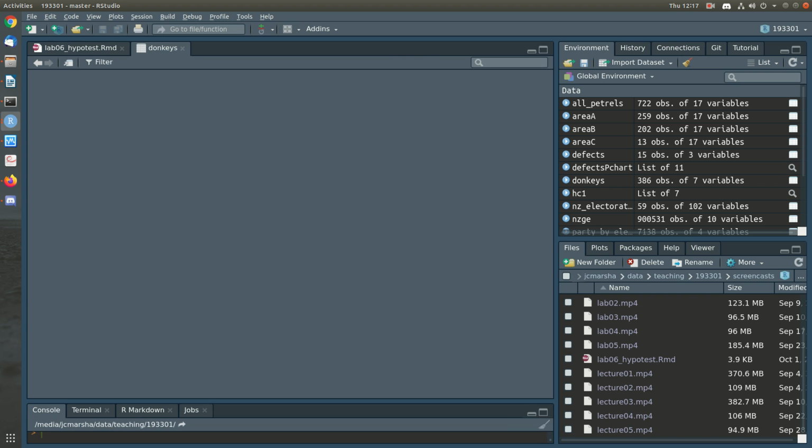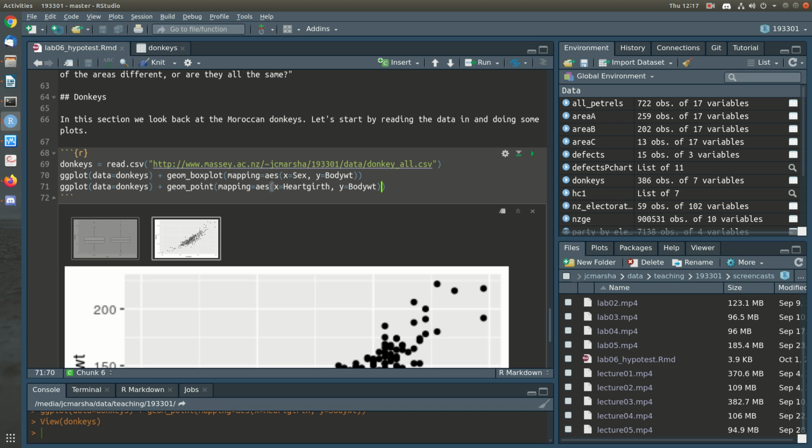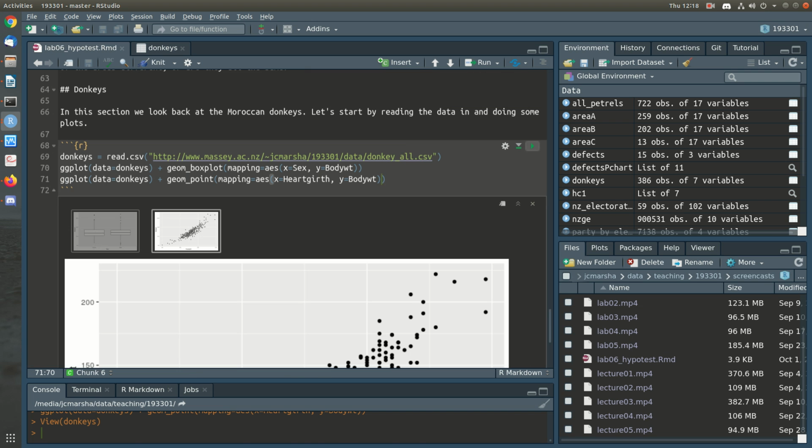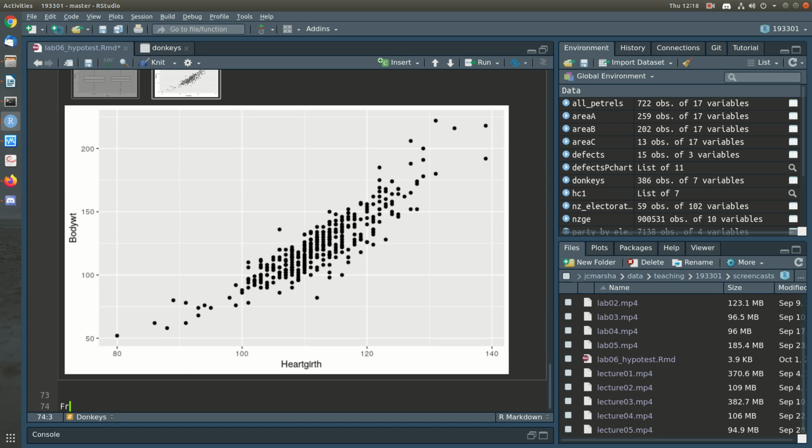If we have a look at donkeys here, then we've got umbilical girth, length and height as well, and also age. And we'd expect all of those things to affect the body weight, wouldn't we, of a donkey, right? The measurement dimensions are going to affect the body weight. Okay, so from the plot, it seems male and female donkeys have similar average body weight.